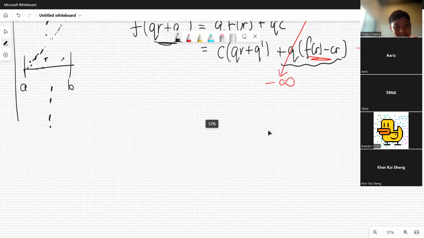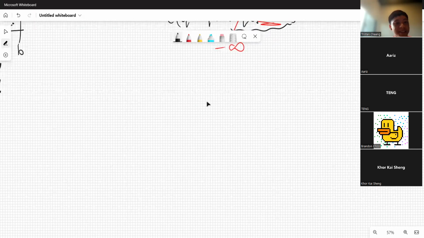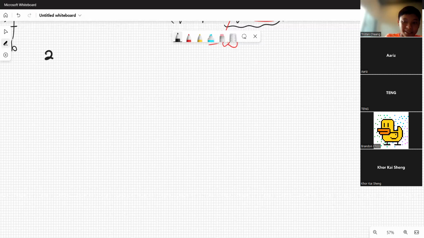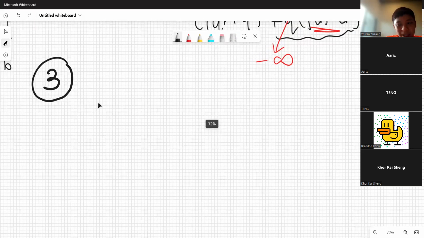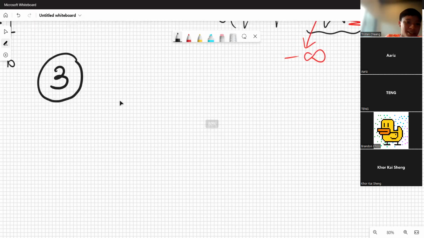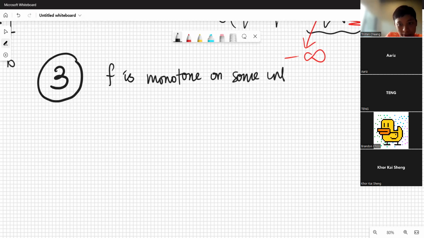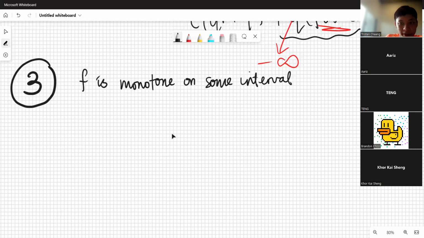And the third case, which is kind of an easy case after we prove the second one. So the third case, just put it to 3. The third case is kind of a subset of the second case. So F is monotone on some interval AB.